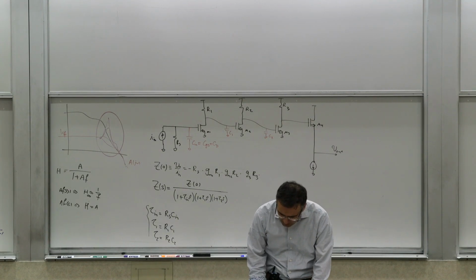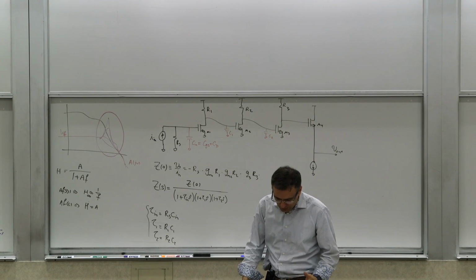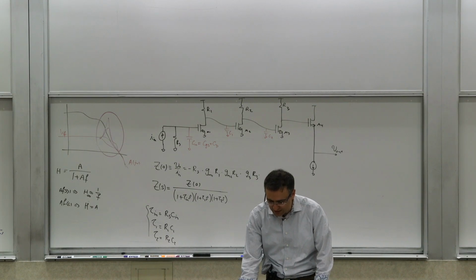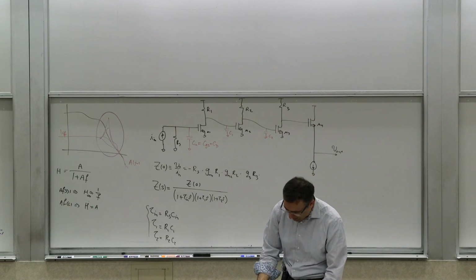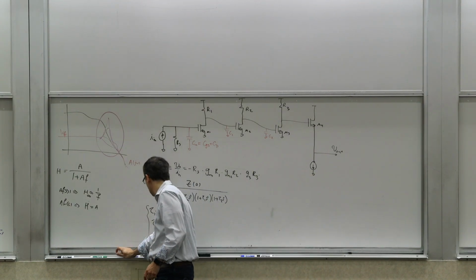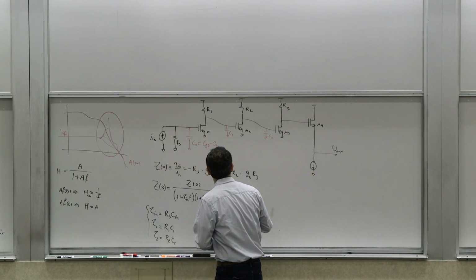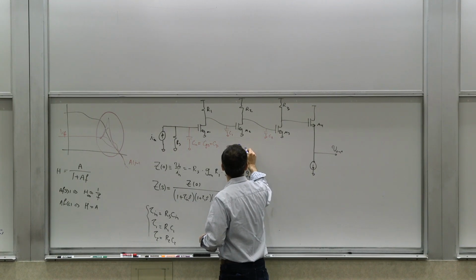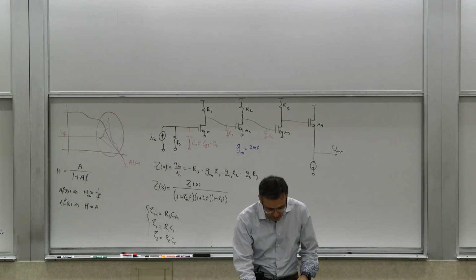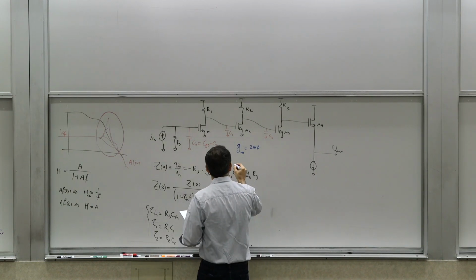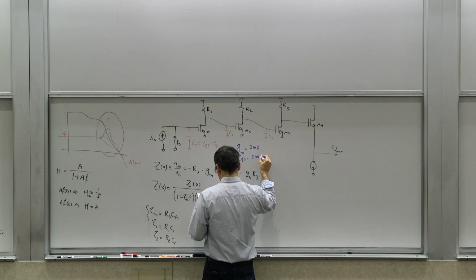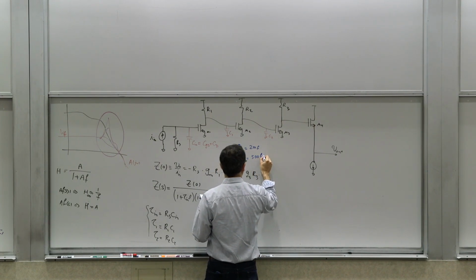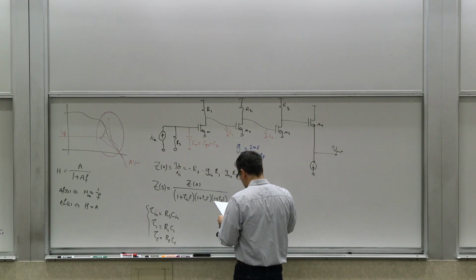OK, and we can do a numerical example. We are going to look at simulations and see what happens. So these are the parameters we are using. We are assuming all 3 GMs to be 2 millisiemens, CGS of 500 femtofarads. So these are pretty low frequency transistors.